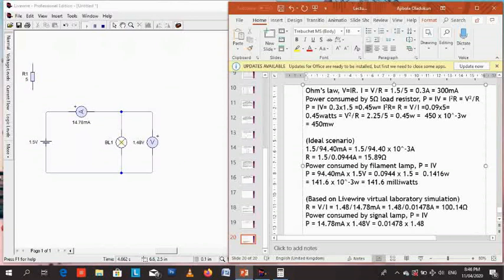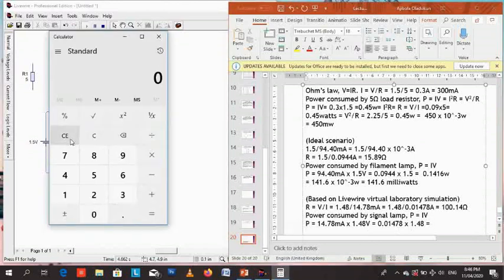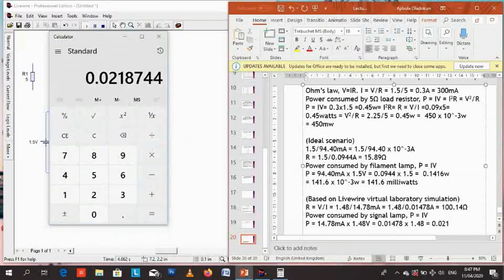So this is not the ideal case now. This is the practical case, based on the Live Wire simulation. Normally you're supposed to use 1.5 if you are dealing with the ideal case, but for the signal lamp, you're not using the ideal case. For the filament lamp, we use the ideal scenario. For the signal lamp, we are using the measured value based on the Live Wire simulation.